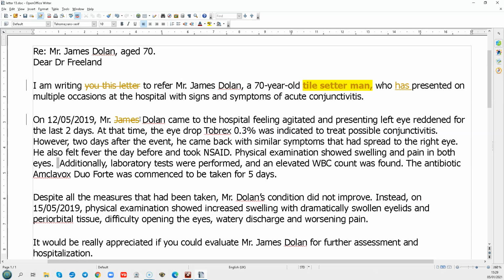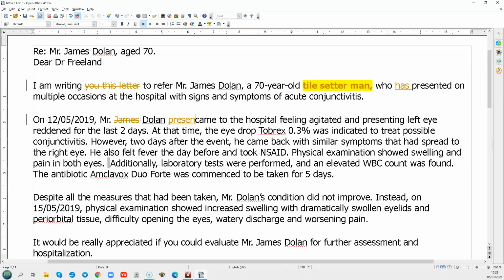So he presented himself to the hospital. Presented, and we know it's in the hospital because that's where you are. We can see from the address and all this other stuff. Again, they make a virtue of brevity, concise information.